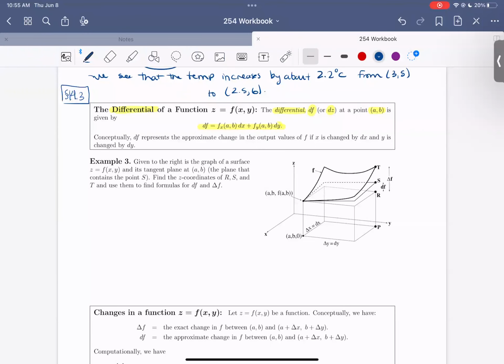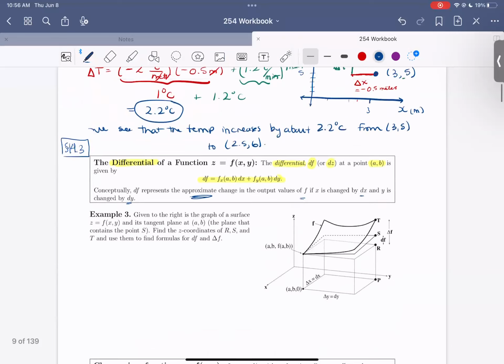In this video, we're going to continue our work in section 14.3 and look further at this idea of a differential that we met in the previous video. What we saw in the previous video was conceptually how we can represent approximate changes in the output of a function if x and y change by a certain amount, dx and dy.